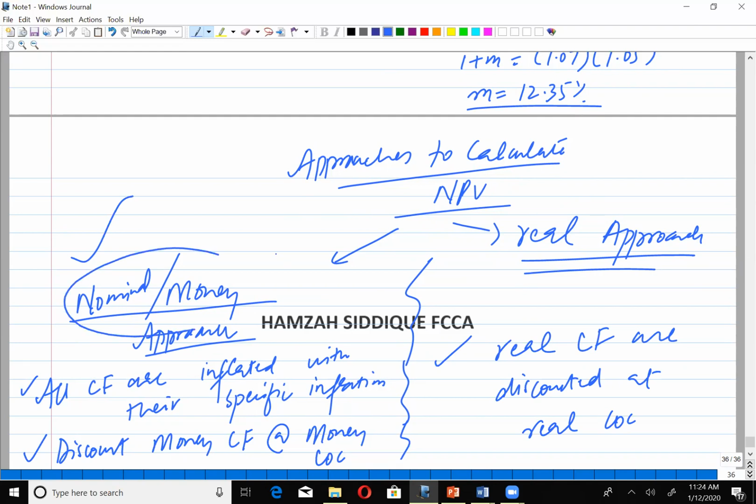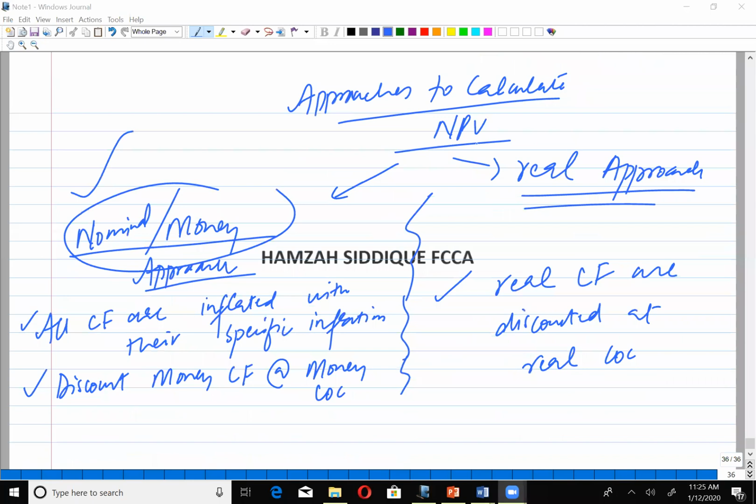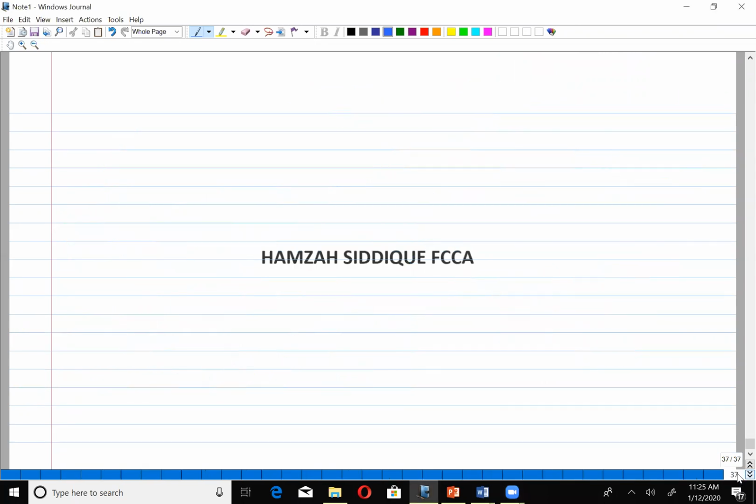Usually we use the money method, which is the most preferred method to calculate NPV. So this was the adjustment of inflation.